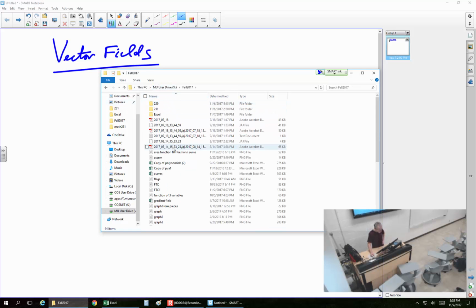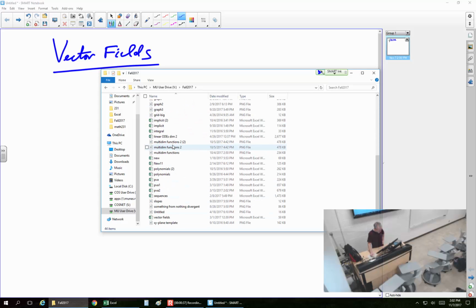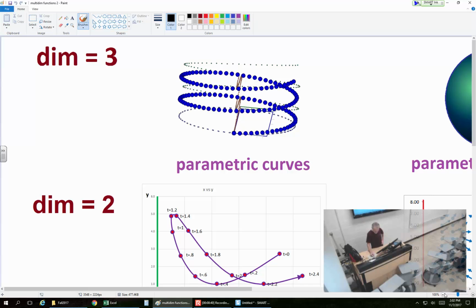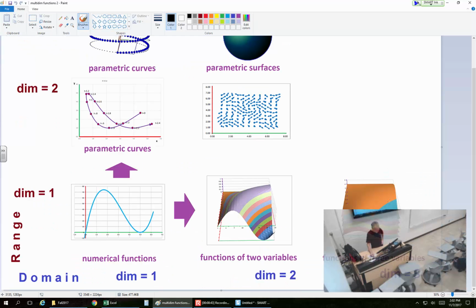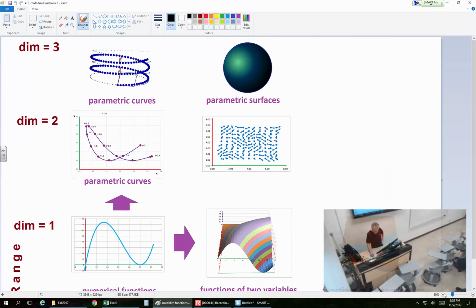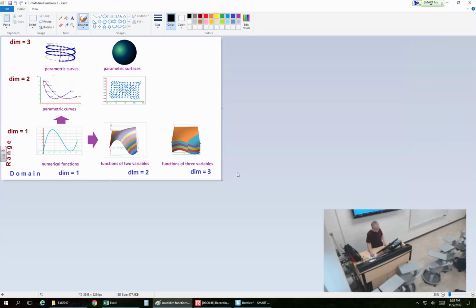Okay. Okay, you've seen this already. Okay, so a little diagram of functions.